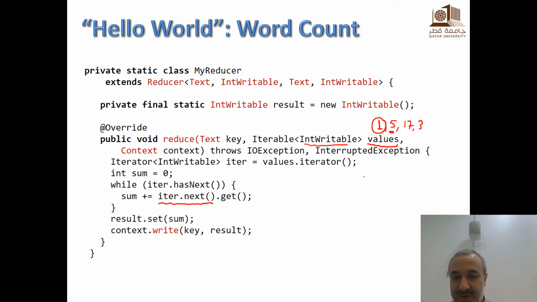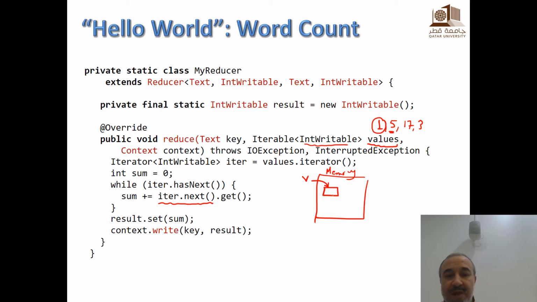Let me show that. Here's the memory. You have a variable in that memory, this variable called v. You create that object once. I'm now talking from the Hadoop point of view. You don't see it, but this is what happens when you call this function next the first time.